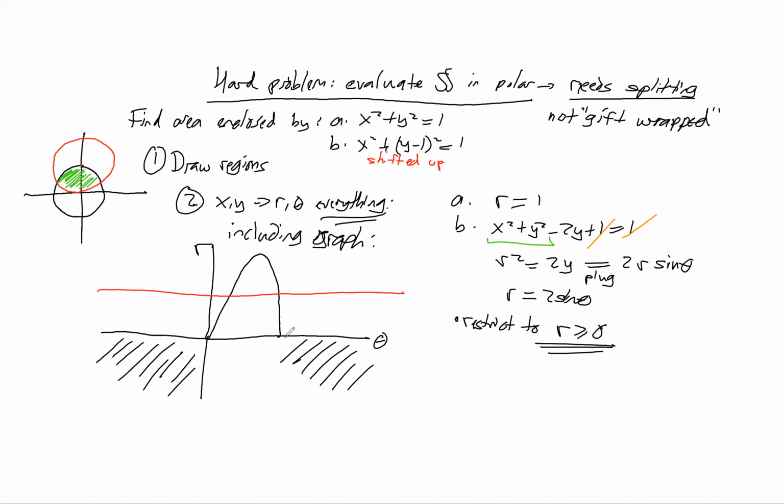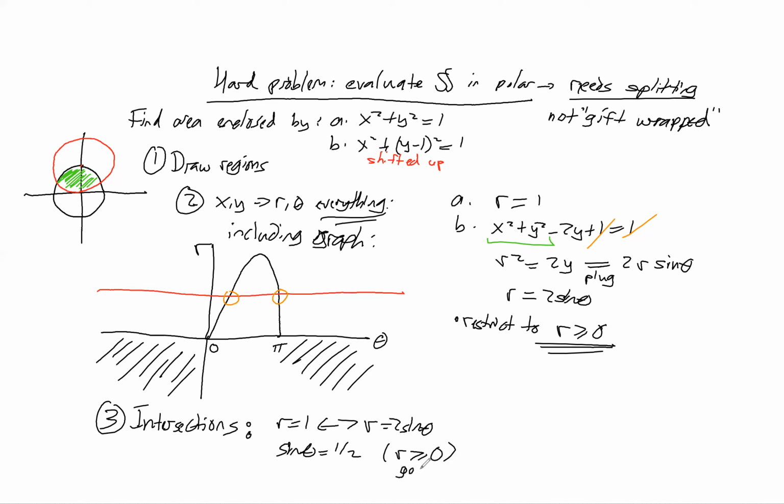So the next step is I'm also going to look where they intersect. On the graph, it's pretty close to pi, and this is pretty close to 0. It's when r equals 1 intersects with r equals 2 sine theta, or in other words, whenever sine theta equals a half in our good range of r greater than 0.